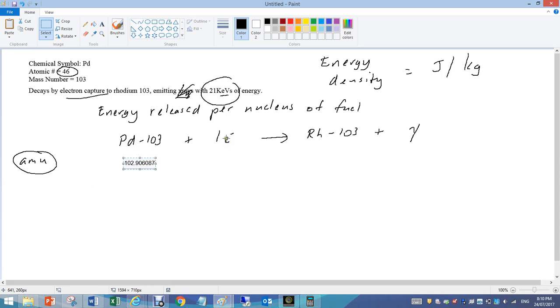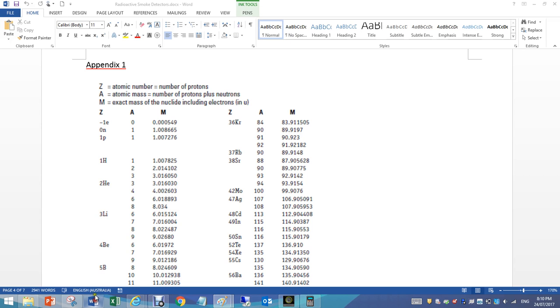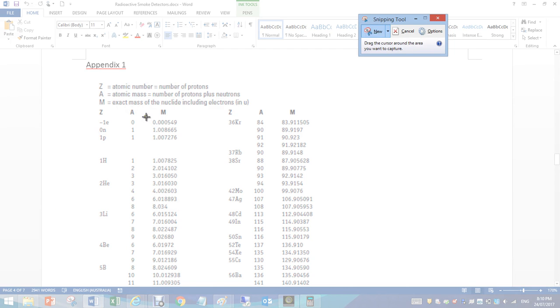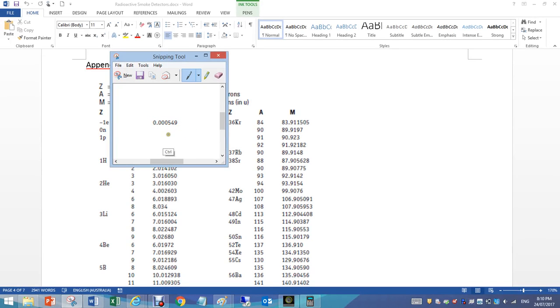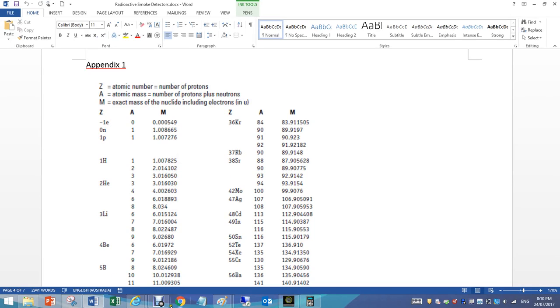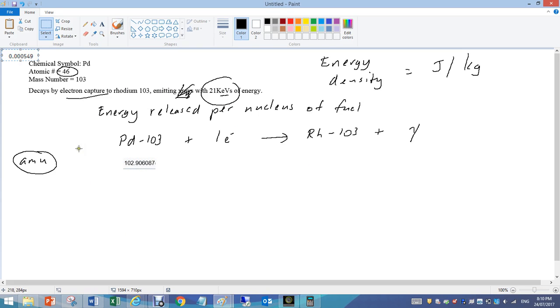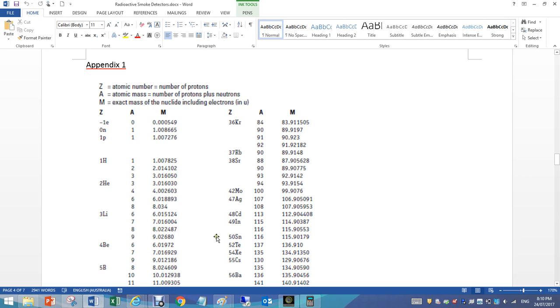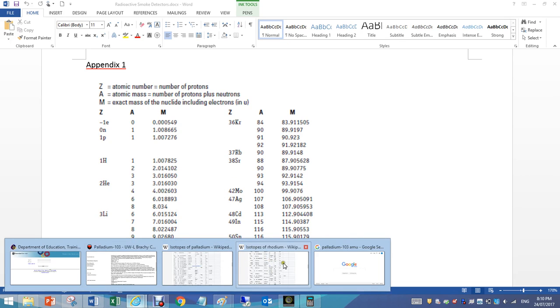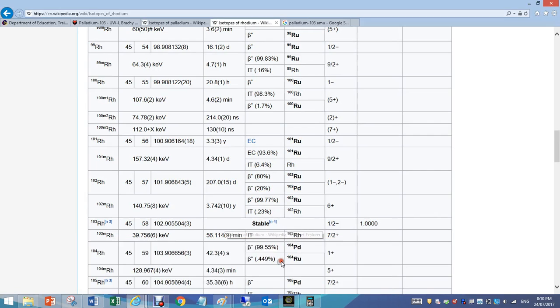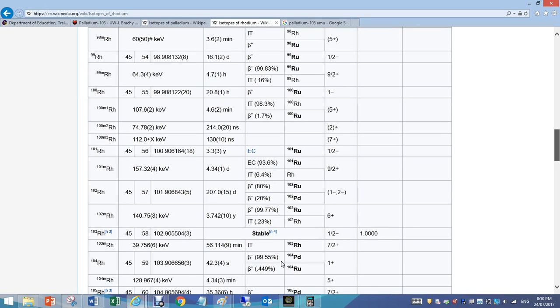There we go, the mass of an electron, I'm sure is in our table. There we go, 1 electron. And rhodium 103. Again, it's actually not in this table. So back to the internet. You type in rhodium 103 AMU and it comes up.